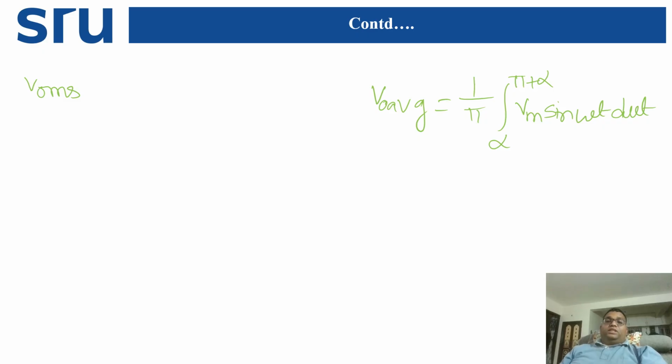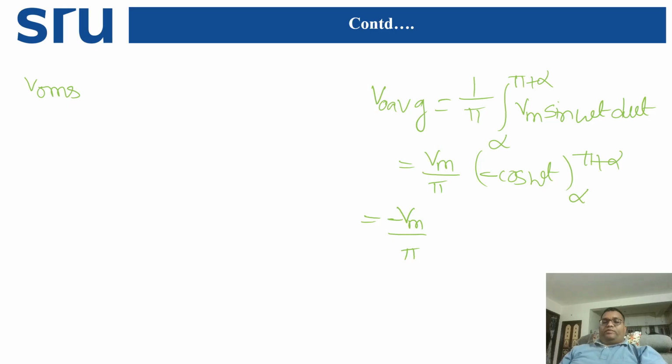Now Vm by pi integral of sine omega t is minus cos omega t, from alpha to pi plus alpha. Take the minus outside, then minus Vm by pi.